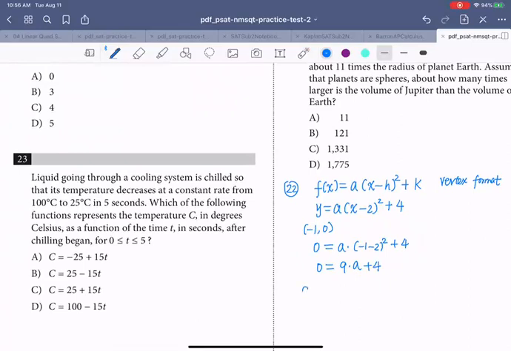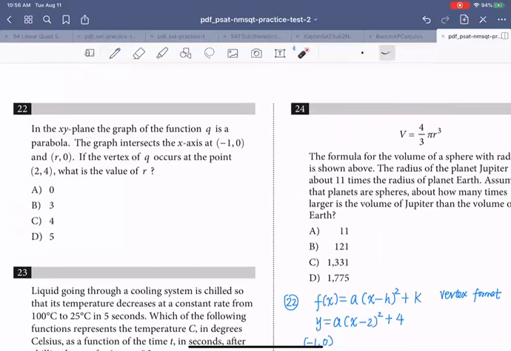Okay? So a gives you -4 divided by 9. That makes sense? Yes. Okay. So your y equals -4 over 9 times (x minus 2) squared plus 4, right? Yes.